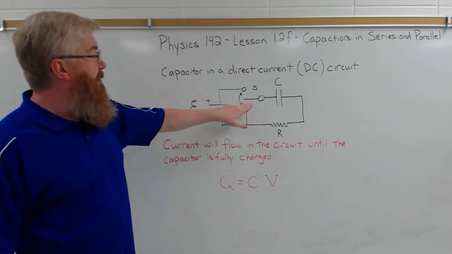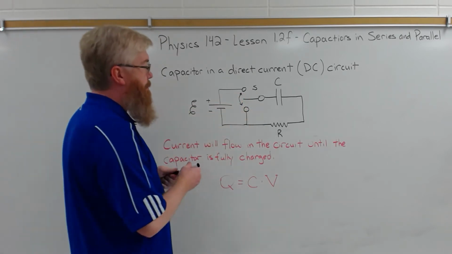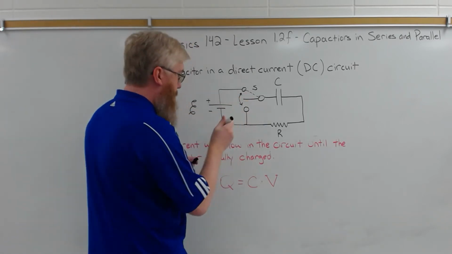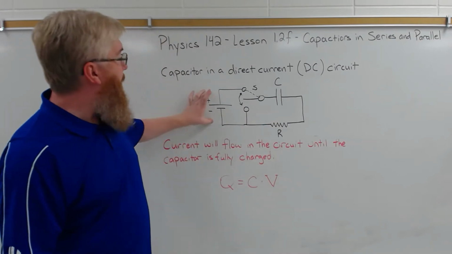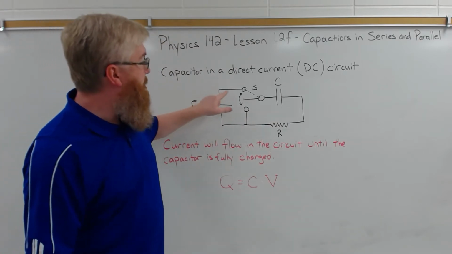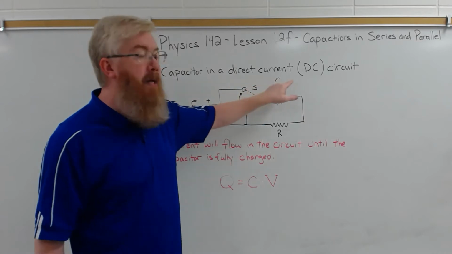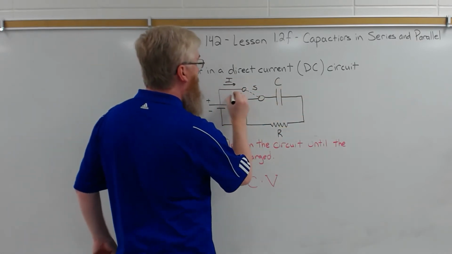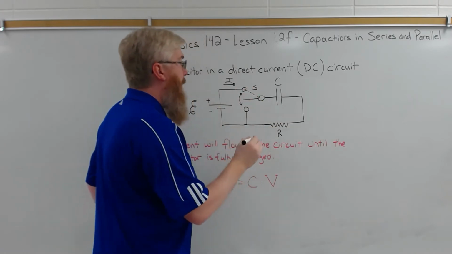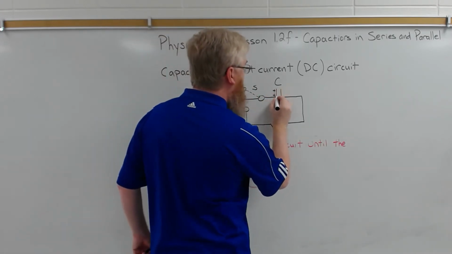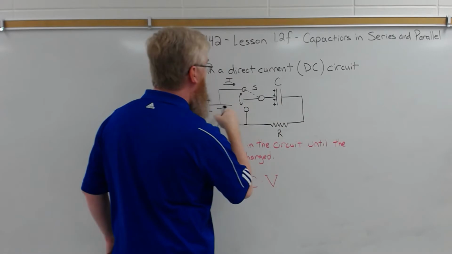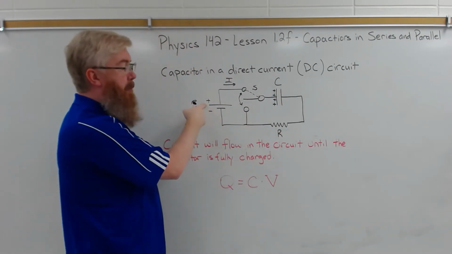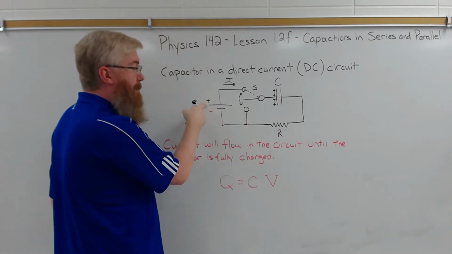Now, when I flip this switch up and turn the circuit on, if you will, the battery starts supplying charge and current to this circuit. So current I begins to flow through this circuit, and the capacitor begins to charge up. The left side of the capacitor, being attached to the positive terminal of the battery, begins to get a positive charge.